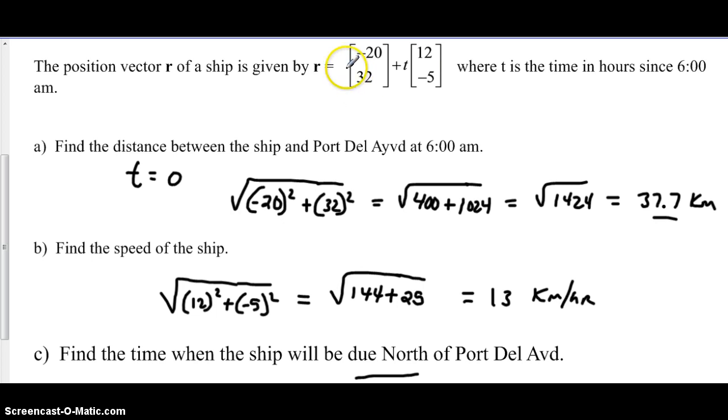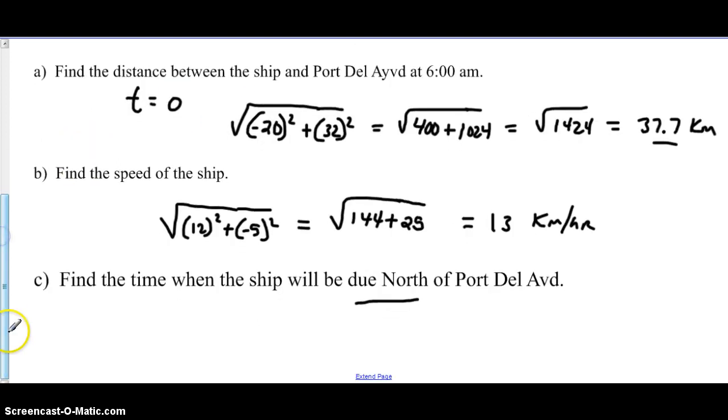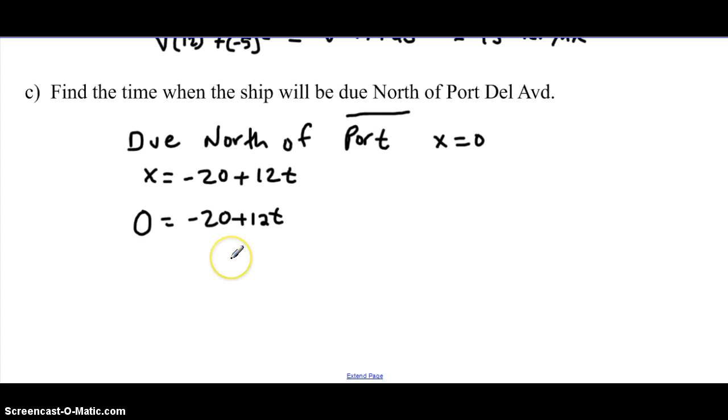Our parametric equation of x would be -20 plus 12t, set equal to 0. Once we do that, we just solve for t, and we would have 20 equals 12t, and t would be equal to, there's a factor of 4 in both of these, so it would be 5/3 of an hour, which would be equal to 1 2/3 hours.